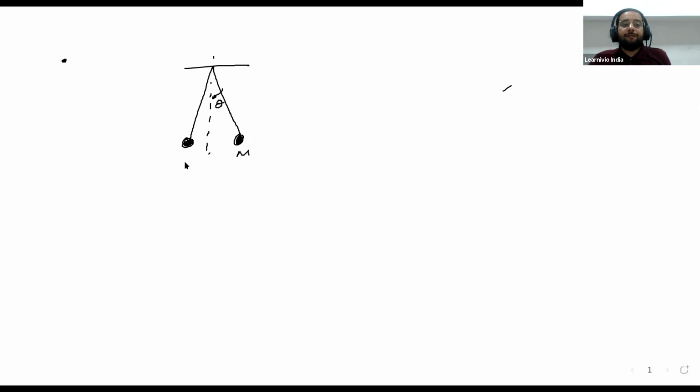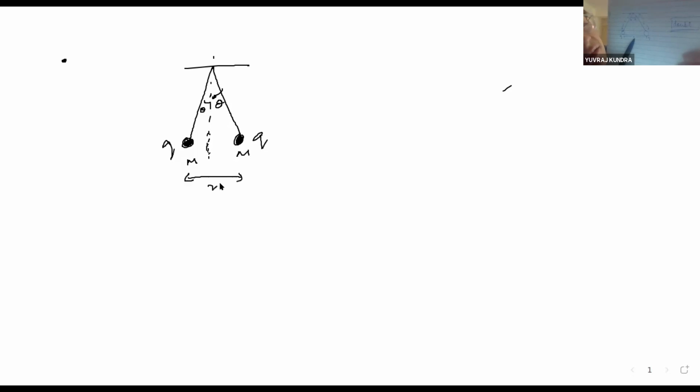Both of them have mass m and some charges q on them. We have to find x, which is in between both of the masses, this x.